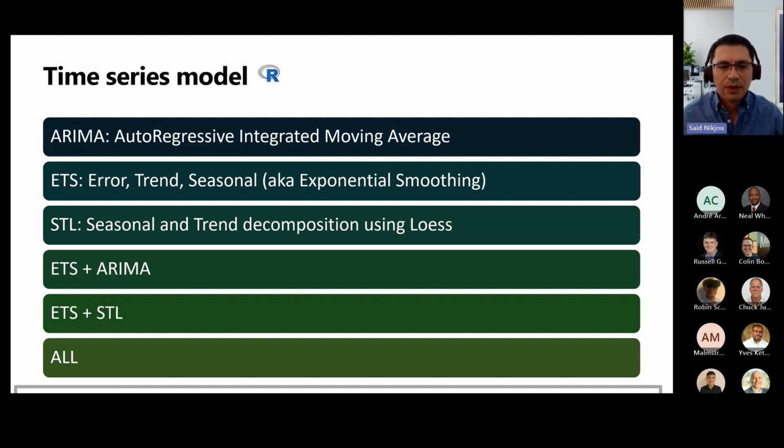Finally, we have the option to use all models, which directs the system to run through all of the options and pick the model that gets the lowest MAPE value, or MAPE error. The recommendation is to start with all, allowing the machine learning experiment to choose the most efficient model, in this case, the model with the lowest MAPE error.